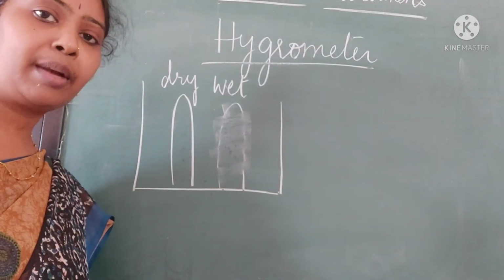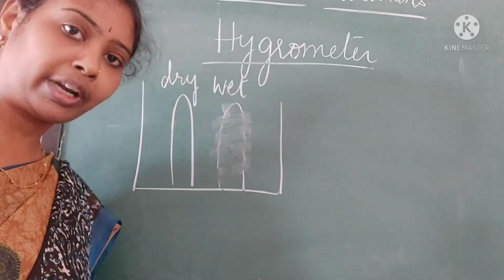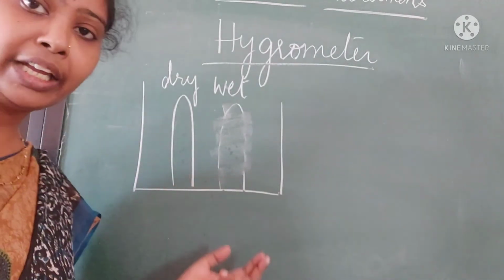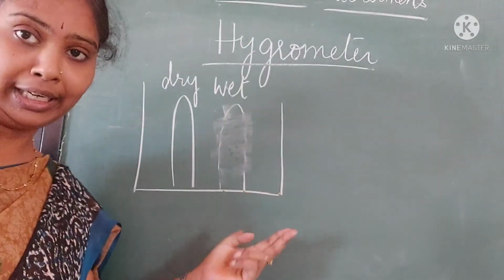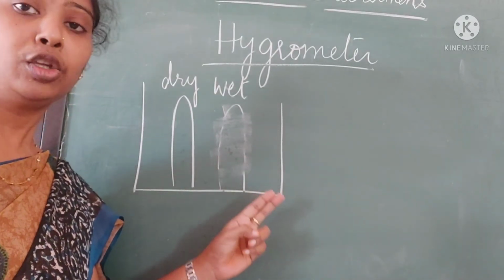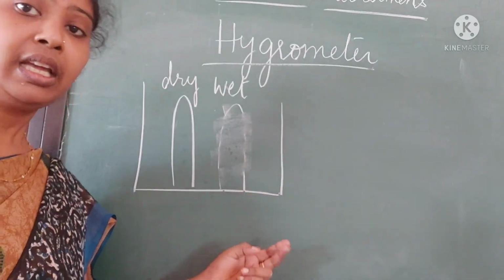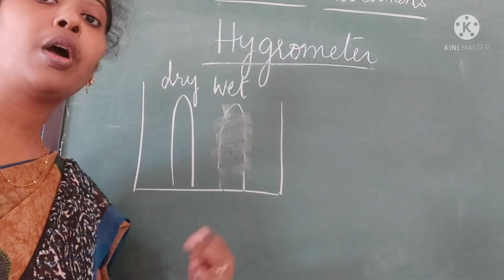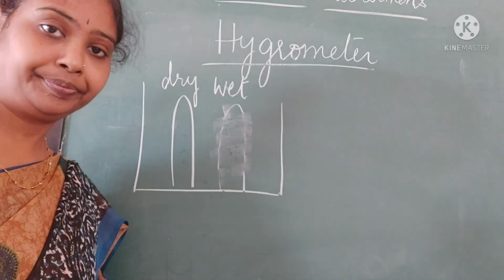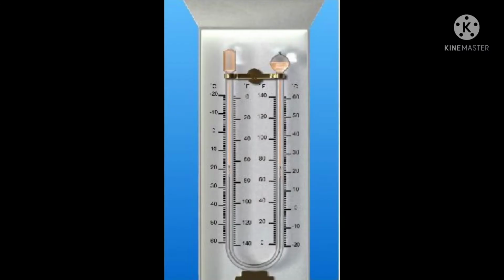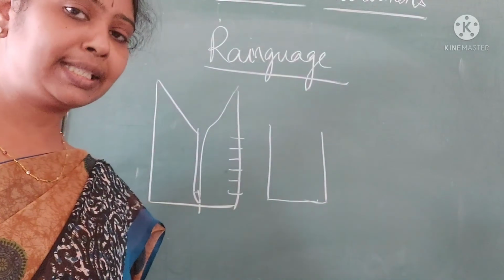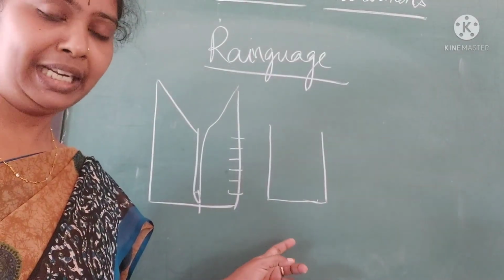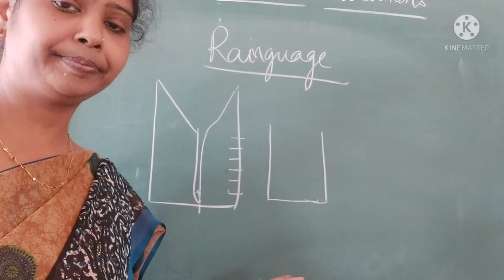And just like thermograph, barograph, anemograph, nowadays we find the hygrograph also for automatic recording of humidity, right? This is used to record the humidity in the place. And rainfall is measured in millimeters and centimeters, right?